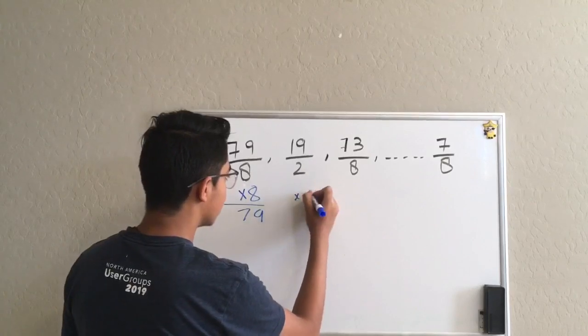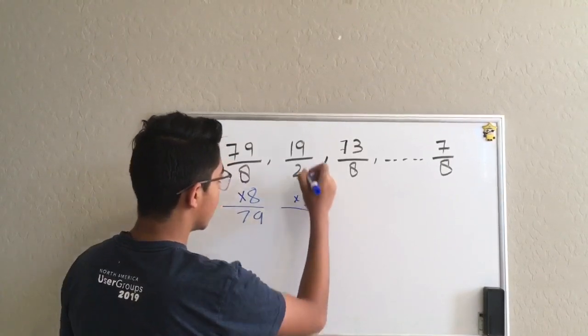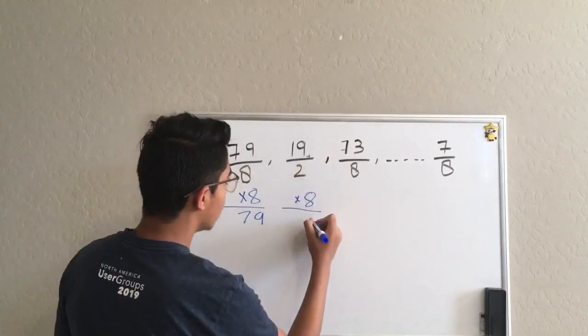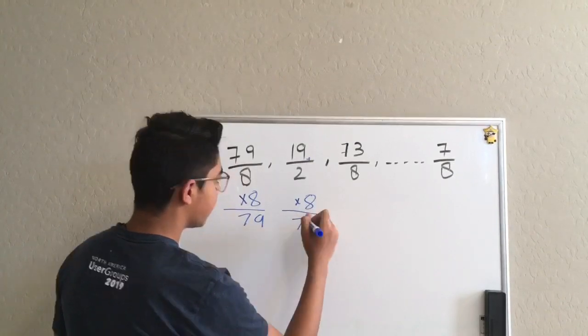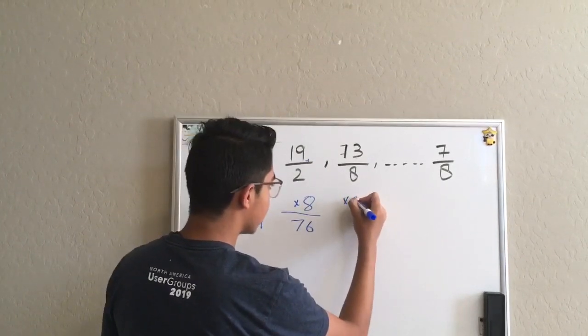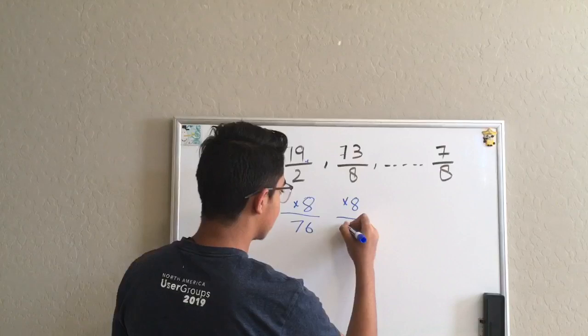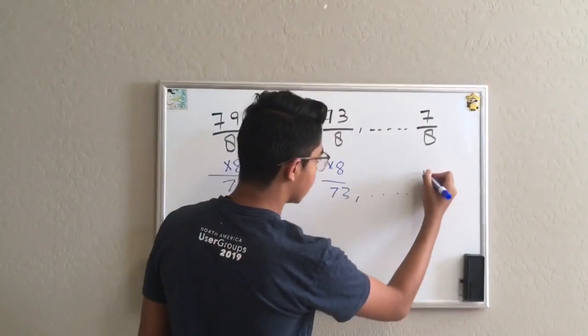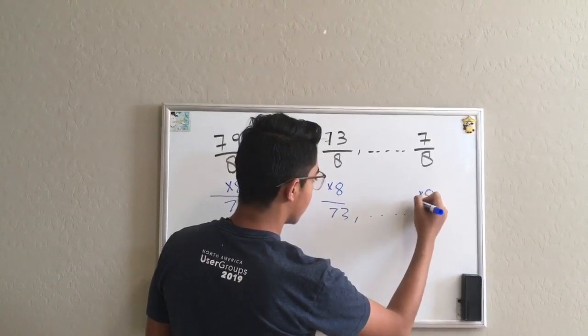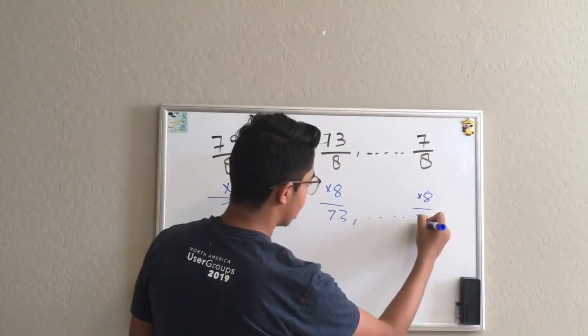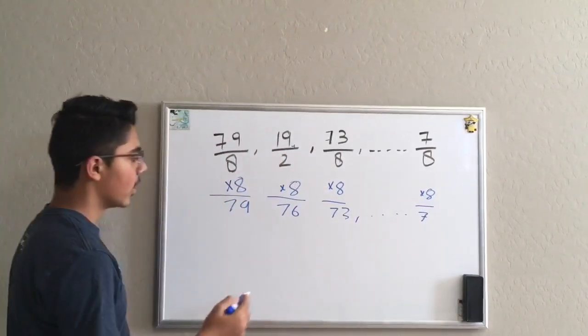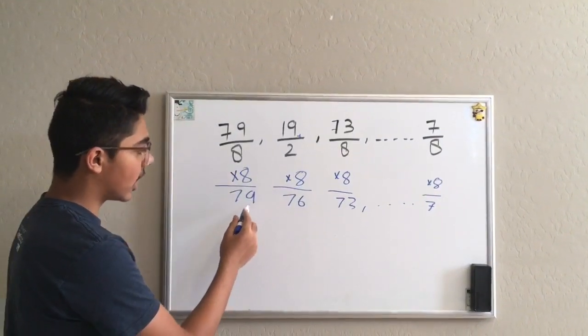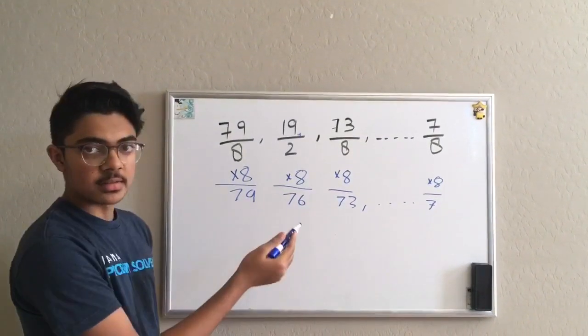If we multiply this by 8, we get 19 times 4, which is 76. If we multiply this by 8, we get 73. And so on until we multiply this by 8 and we get 77. So now we notice that the numbers are actually decreasing by 3 this time.